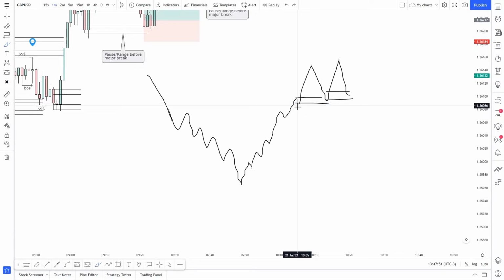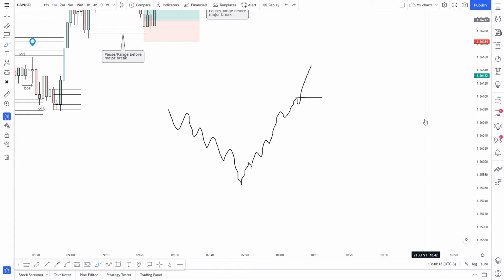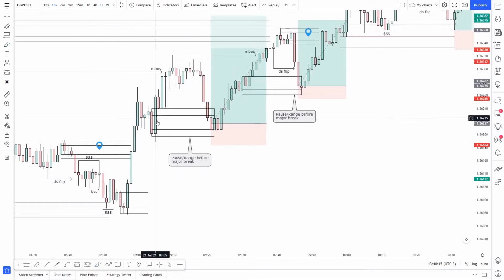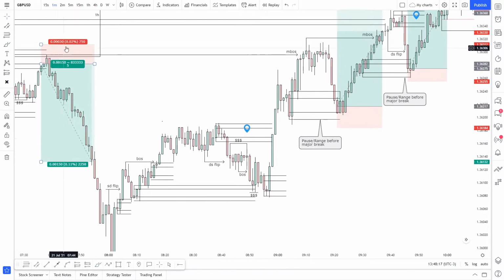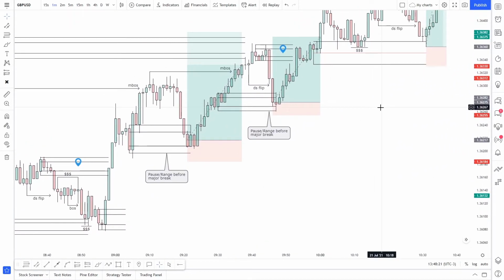Because this is just a pause, right? As we have that pause, we also have this one, this one, this one, etc. So we have so many areas that we could try to go for: get stopped out on this one, then this one, then this one, and the price could do just this and then continue to push lower, right? So basically, when I have a pause or range before a major break, that's an entry against a pause that didn't actually cause anything.